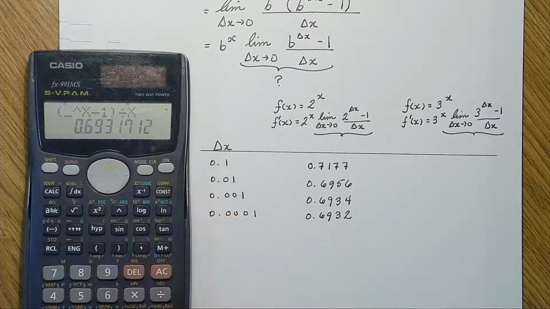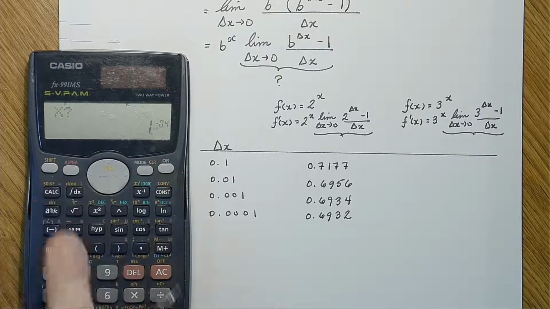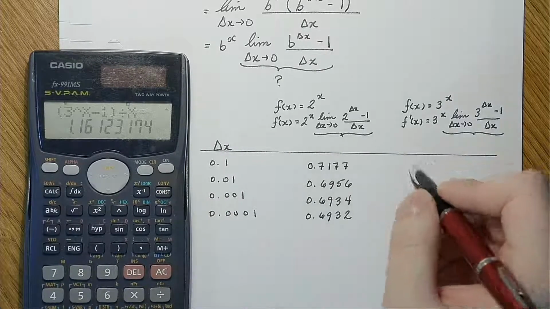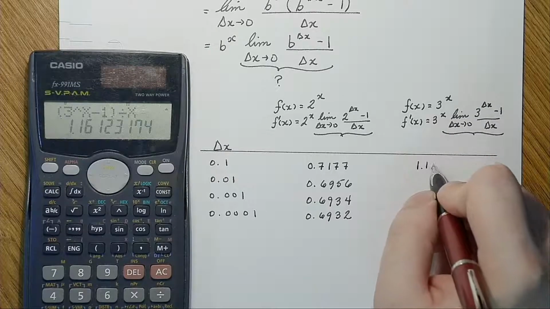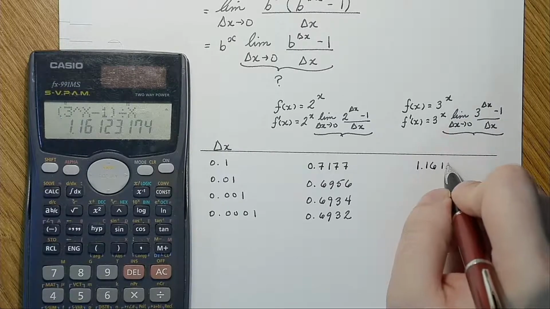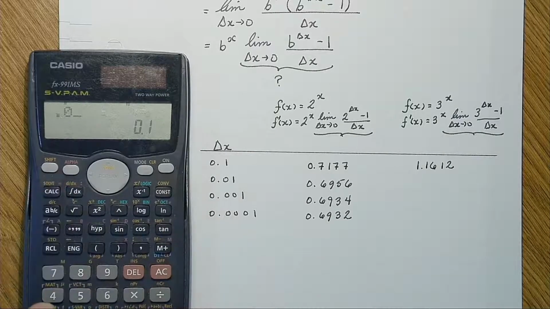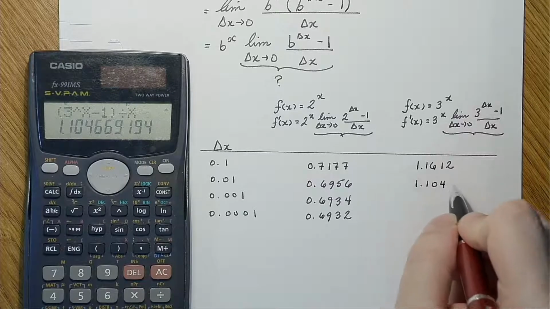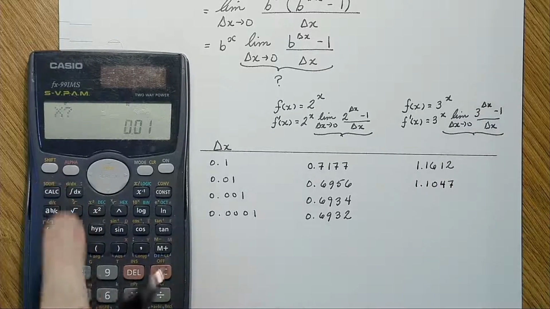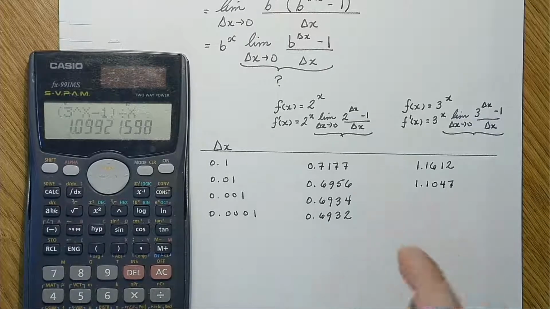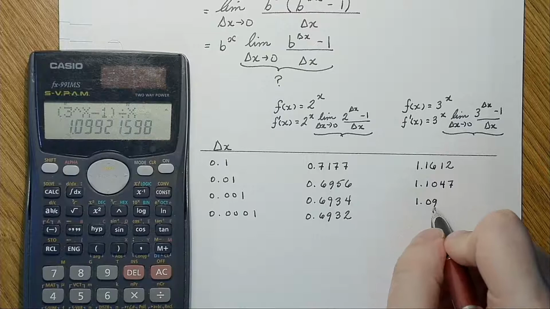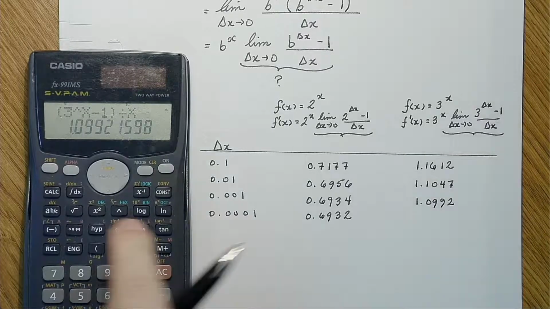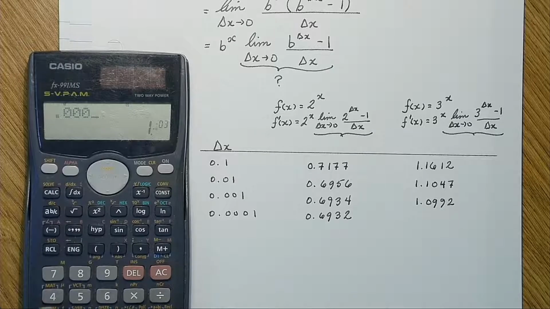Then the other one that I'll do is for 3, starting with 0.1, and then the rest of the values.